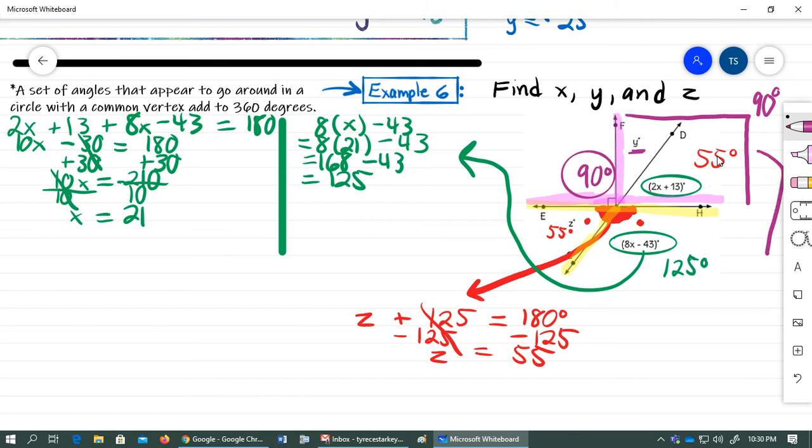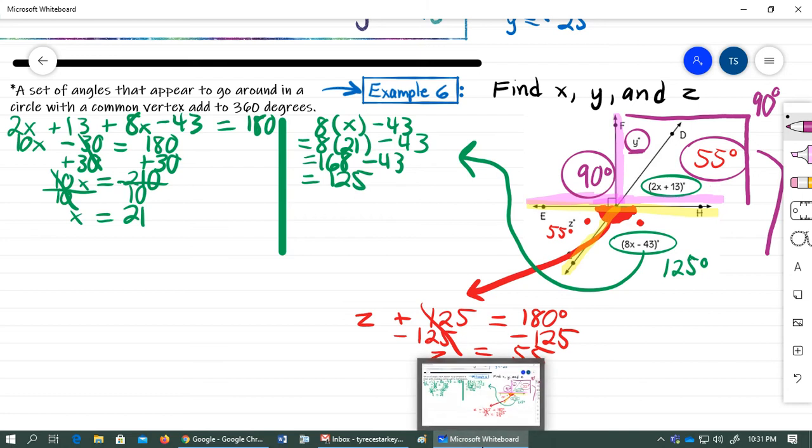So these two angles that you see right here, the y and the 55, they are complementary angles. Okay, close enough. They are complementary angles. All right, that's better, a little bit.